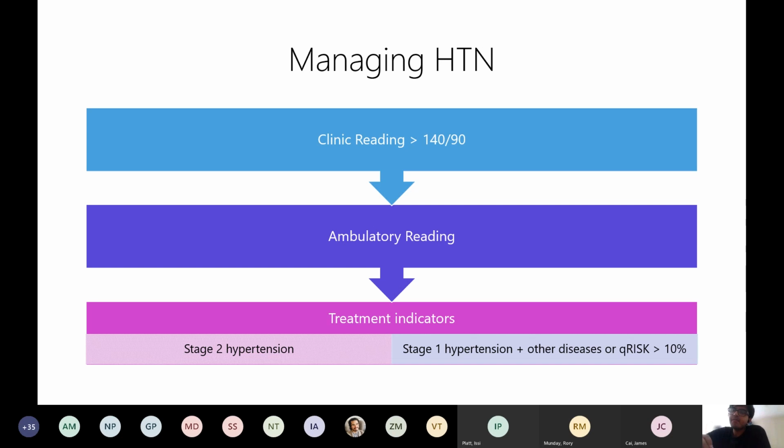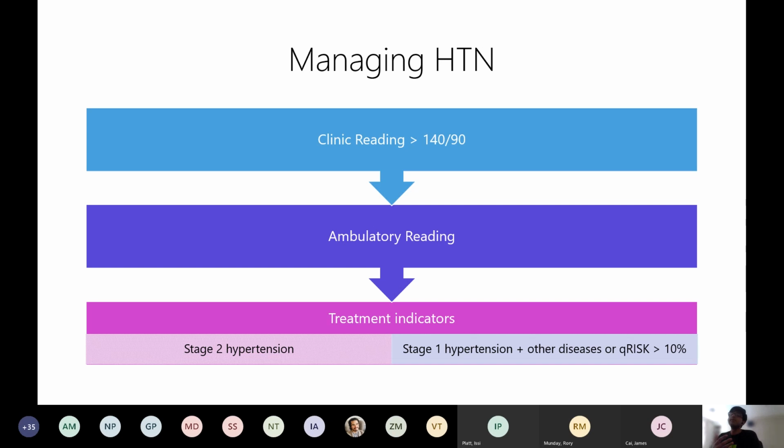And then there are three possible outcomes here. Either it's normal and you do nothing about it. What are the other two possible outcomes? Yeah, is it stage 1 hypertension or stage 2 hypertension? If it's really, really bad, you've already started treating it, so you don't need to worry about it.